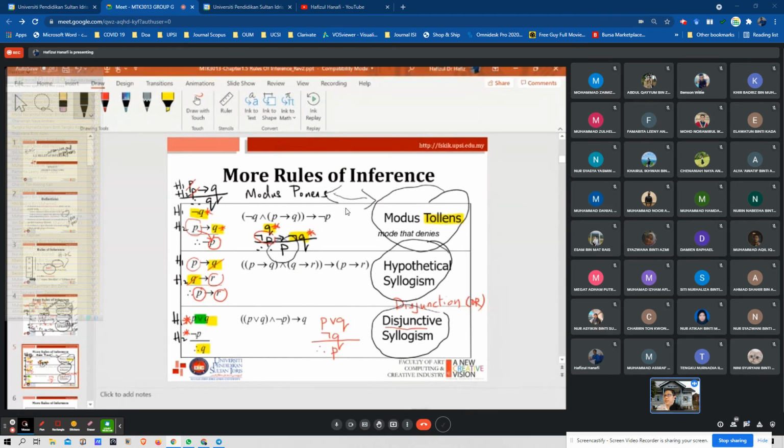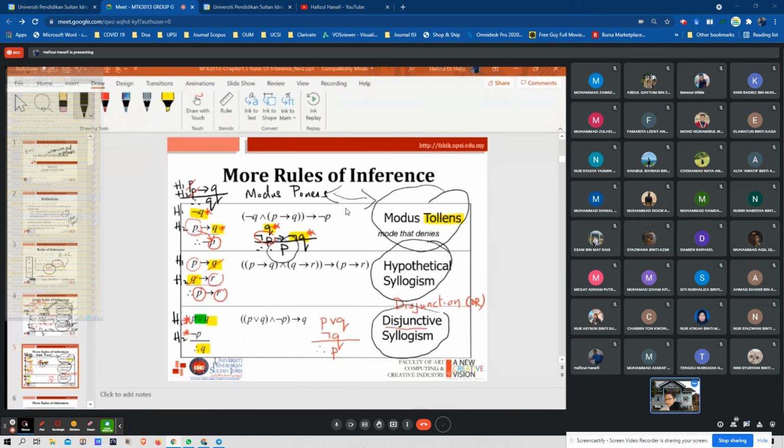Modus ponens eliminates, while this one is a deny deductive argument and rule of inference. Removing by taking away.